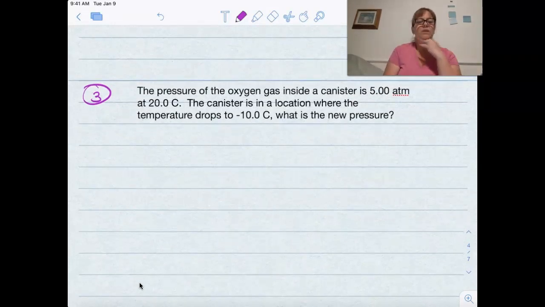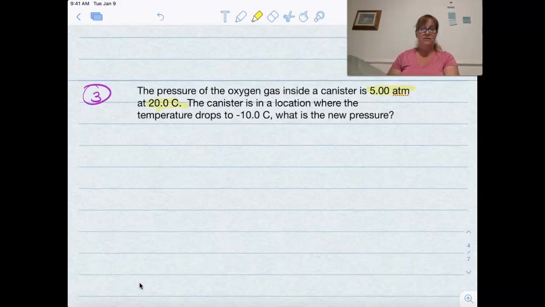Number 3. The pressure of the oxygen gas inside a canister is 5 atmospheres at 20 degrees Celsius. The canister is in a location where the temperature drops to a negative 10 degrees Celsius. What is the new pressure, right? So that's our P2 that we're trying to find.